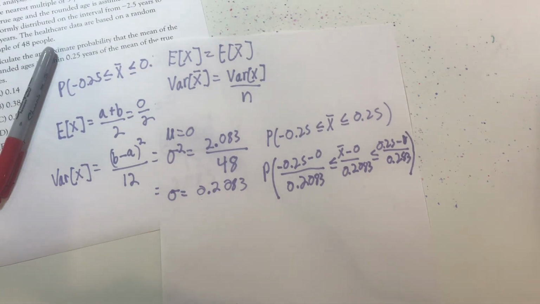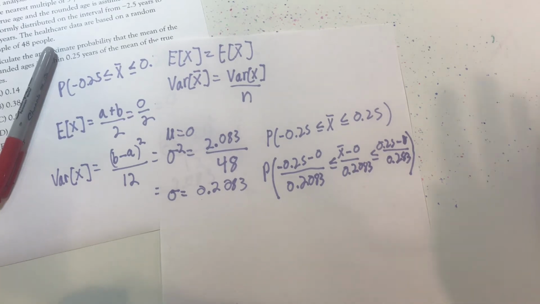So negative 2.5 divided by 0.2083, I get, oh, hang on, missed the decimal place. There we go.